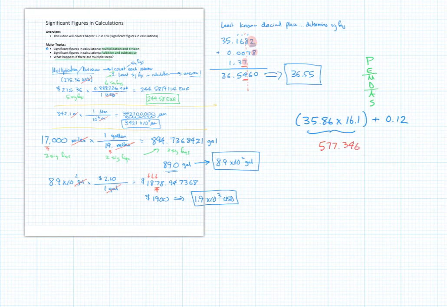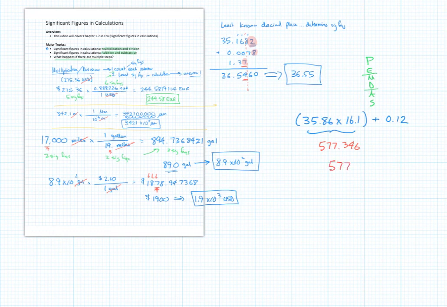And here's where things differ a little bit. Before I do the addition step, which is the last step, I want to go back and fix the number of significant figures based on this first calculation. This one should have 4 sig figs, and this one should have 3. I've got 1, 2, 3, 4, 5, 6 sig figs here. So I need to get this back to the correct number of sig figs, which is only 3.